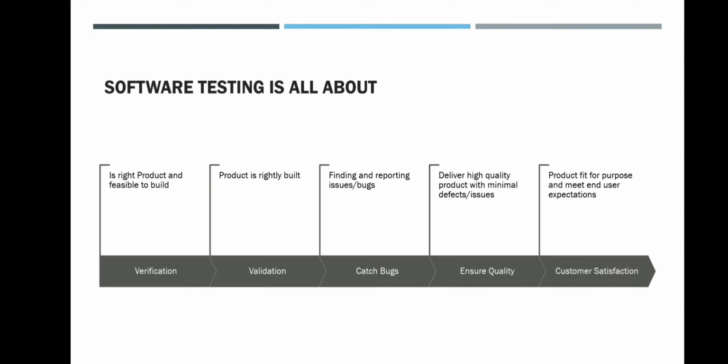When we find bugs, we report them and the developer fixes the issues, which results in delivering the product with high quality and minimal defects. At the end, the product is fit for purpose and end users are satisfied.